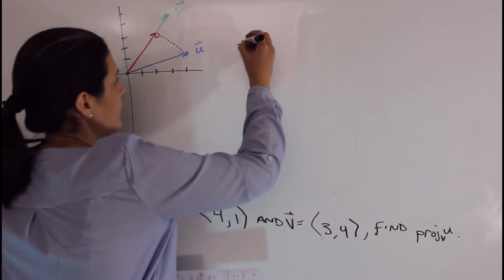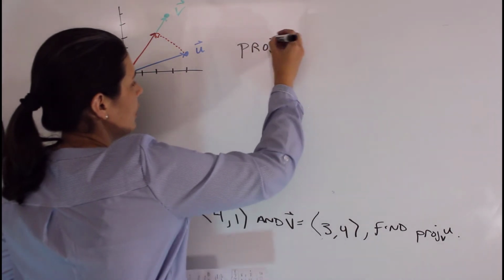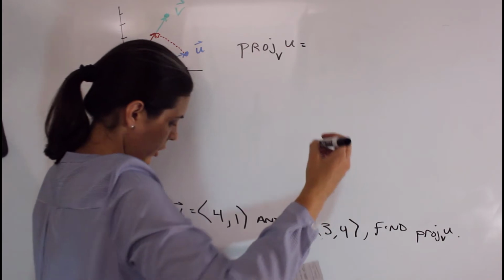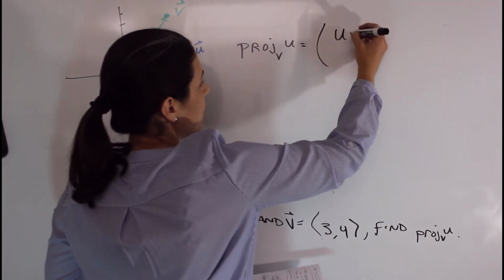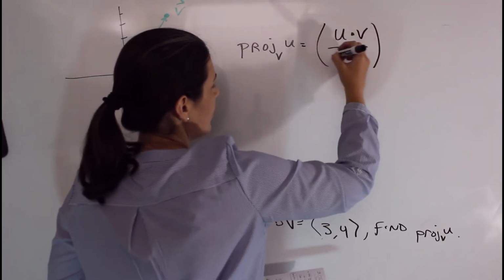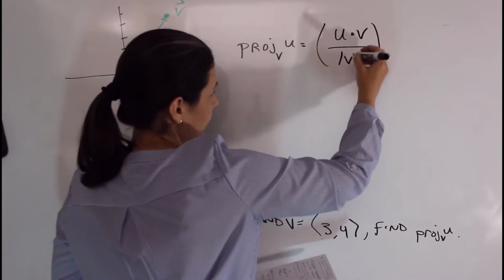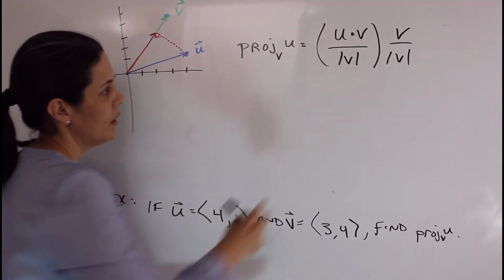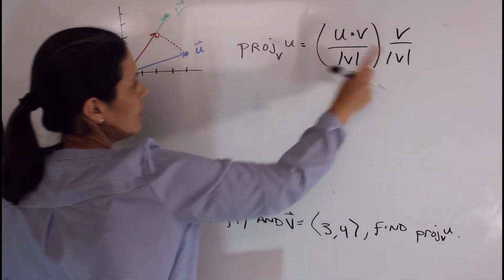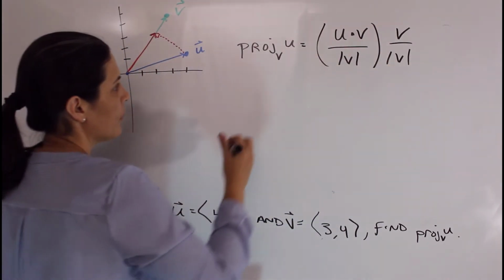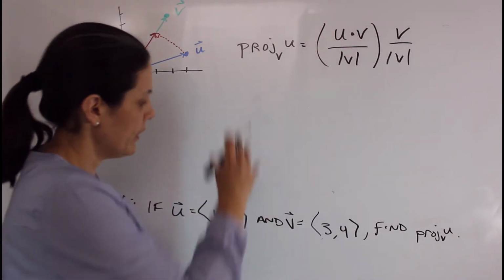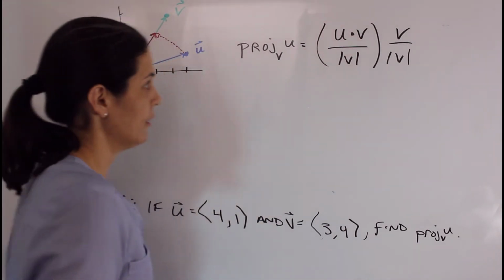So for the projection of u onto v, I'm going to use the version u dot v over the magnitude of v times v over the magnitude of v, that unit vector in the direction of v, and then this result here. I'm going to start doing some side work where I find all these things that I need.